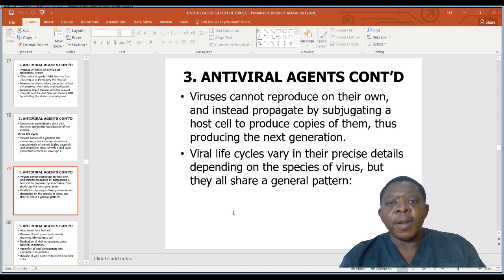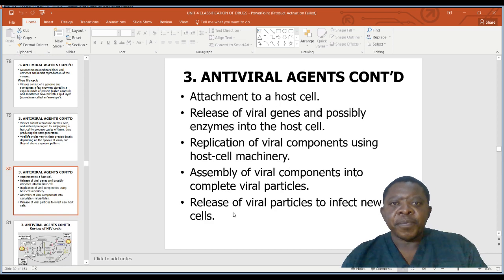Viruses cannot reproduce on their own and instead propagate by subjugating a host cell to produce copies of themselves, thus producing the next generation. Viral life cycles vary in their precise details depending on the species of the virus, but they share a general pattern.